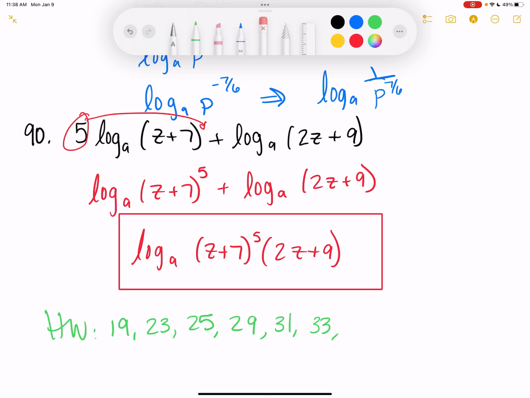Wait, not 33. Hold on. That's supposed to be 83. 87 and 89.